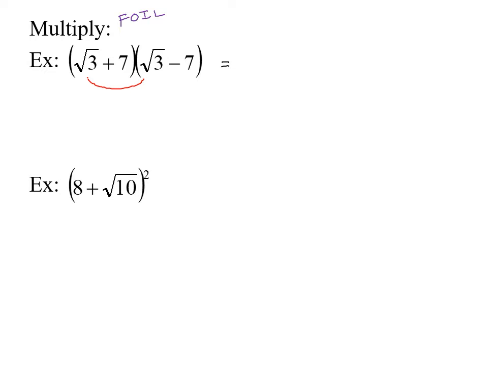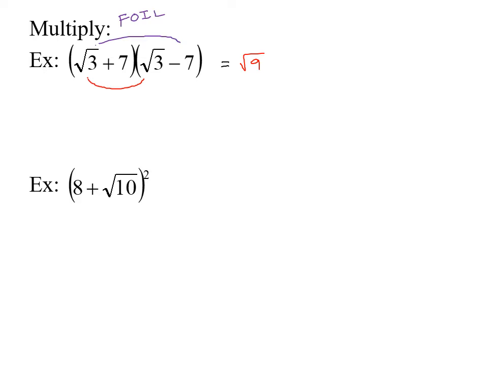That'll give me the square root of 3 times the square root of 3. And remember, when we did that at the very end of the last video, I said all you have to do is multiply your radicals together, your numbers underneath the radical, to get square root of 9. Then I would do the outside.